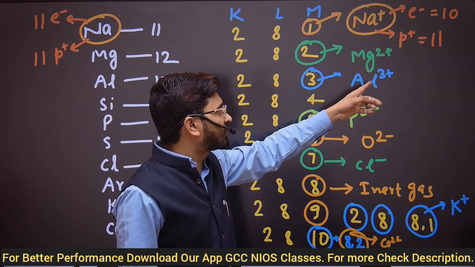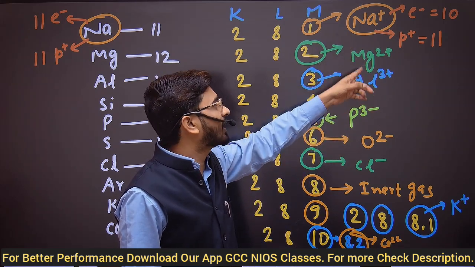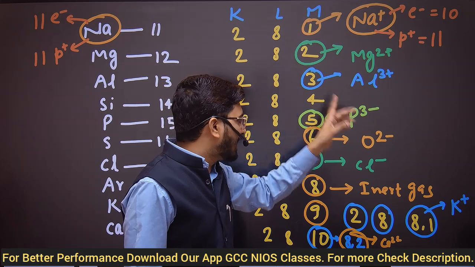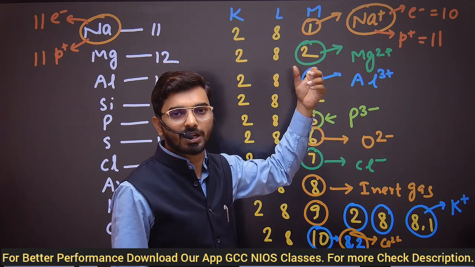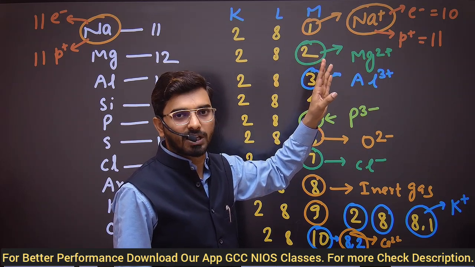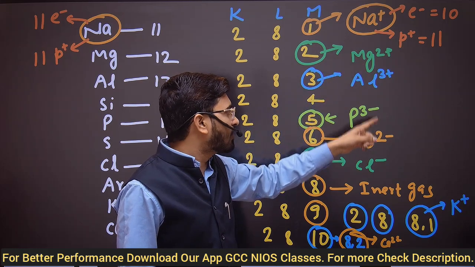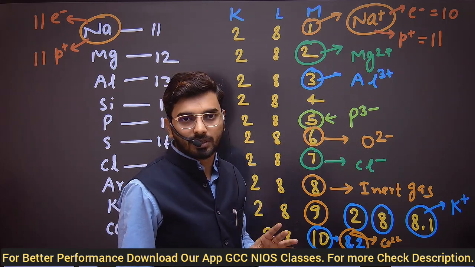So the charges on these elements, positive or negative, whatever, it is applicable for both. So these are called the valency of that particular element.